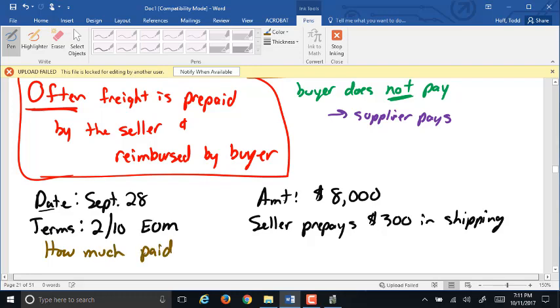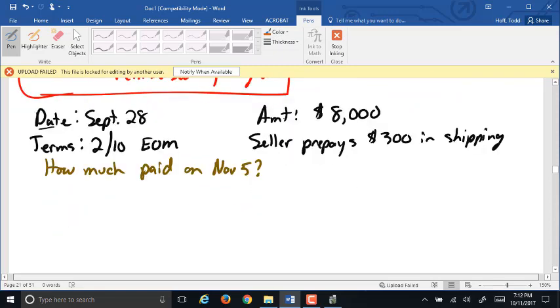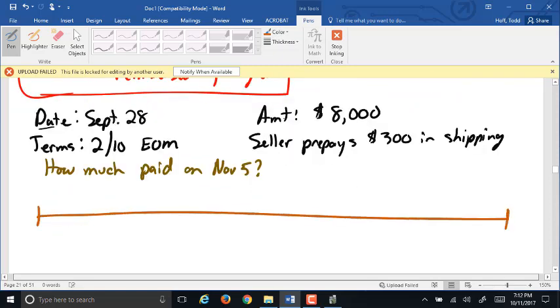How much paid on November 5th? Now, hopefully I didn't catch you on this one with the dates. So what's the date that starts off this timeline? October 31st, last day of October.